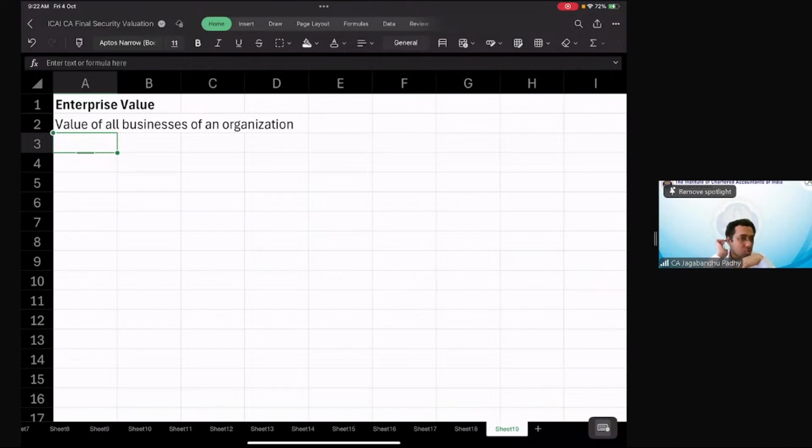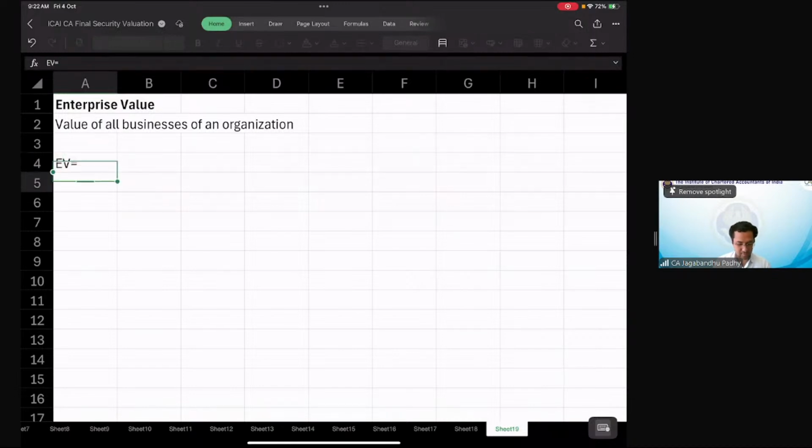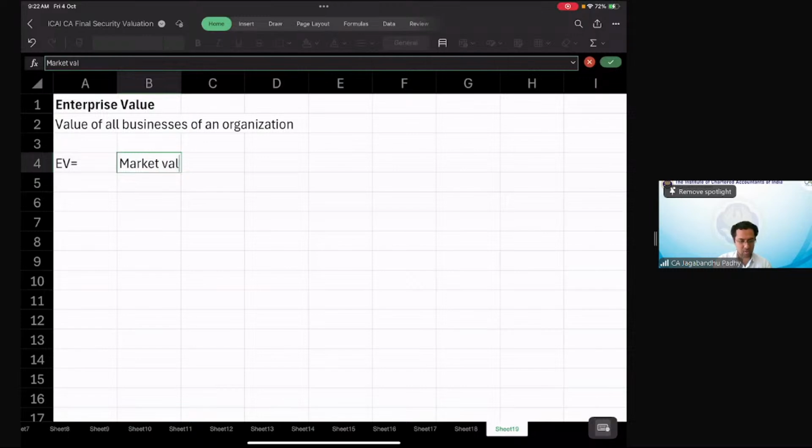Okay, so this enterprise value is simply computed as value of all businesses of an organization. So enterprise value is calculated as market value of all shares plus market value of all debts, right?